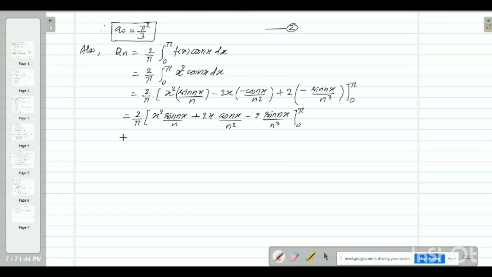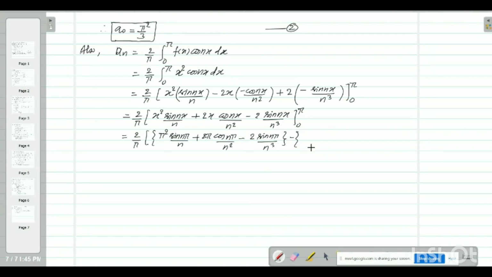So this is equal to 2 by pi as it is, big curly bracket, upper limit. So this is pi square, instead of x we put here pi, and here sine n pi by n, and plus 2 pi cos n pi by n square, minus 2 times sine n pi by n cube. This is for the upper limit, minus the lower limit.